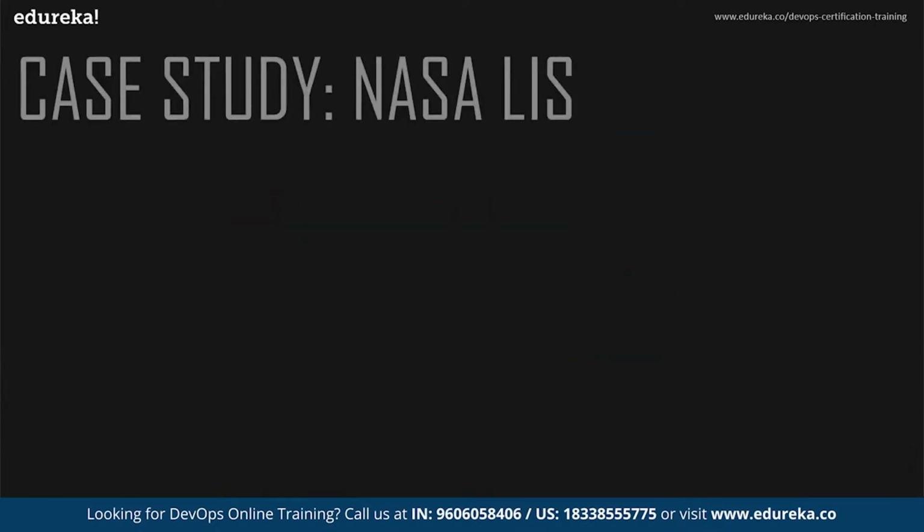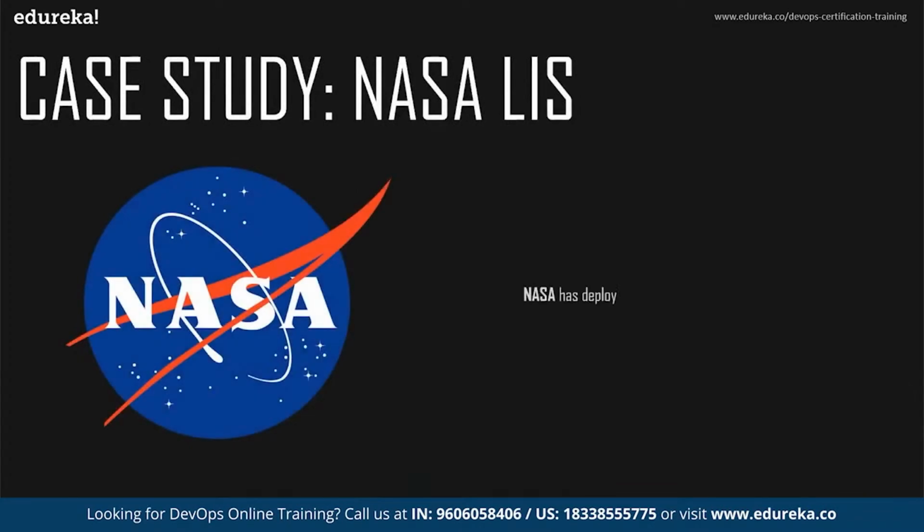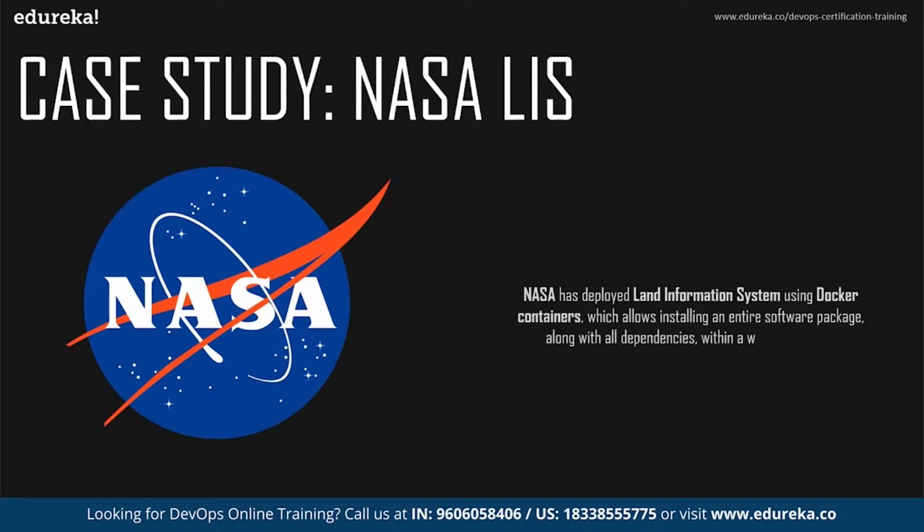Now, before moving on to the next section, let's look at a case study about containerizing the NASA Land Information System framework using Docker. Developed by the Hydrological Sciences Laboratory at NASA's Goddard Space Flight Center, or GSFC, the Land Information System, or the LIS, is a high-performance software framework for terrestrial hydrology modeling and data assimilation.